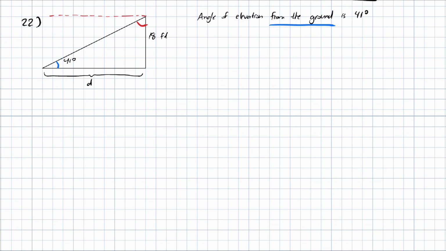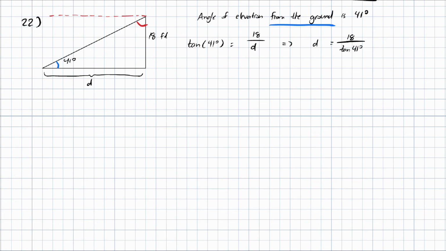Now, this is basic trig. Definition of tangent. Tangent 41 degrees is equal to, use your SOHCAHTOA, TOA, opposite over adjacent. So opposite is 18 and adjacent is d. Now we can solve for d and say d equals 18 over tangent 41 degrees.